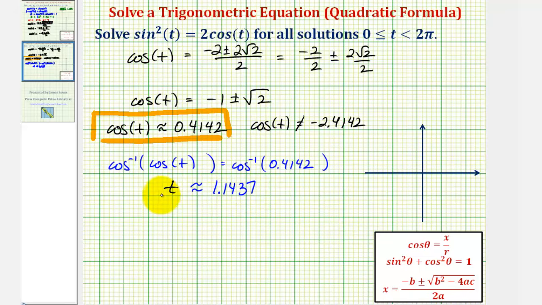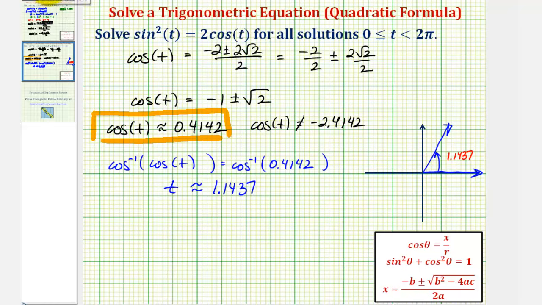Let's begin by sketching this angle in standard position. The initial side would be here. The terminal side might be approximately here. Or again, this would be approximately 1.1437 radians. But remember, the cosine function value, since it's equal to x divided by r, is also positive in the fourth quadrant here, where the x coordinates are also positive.